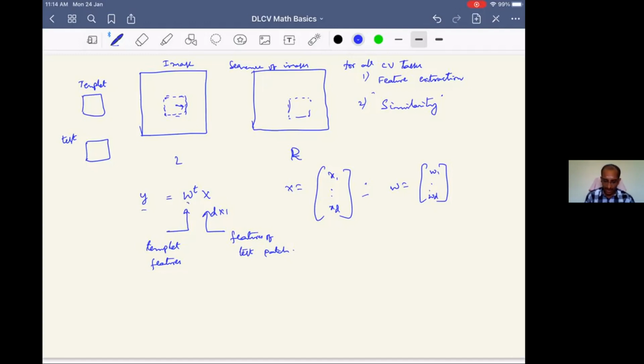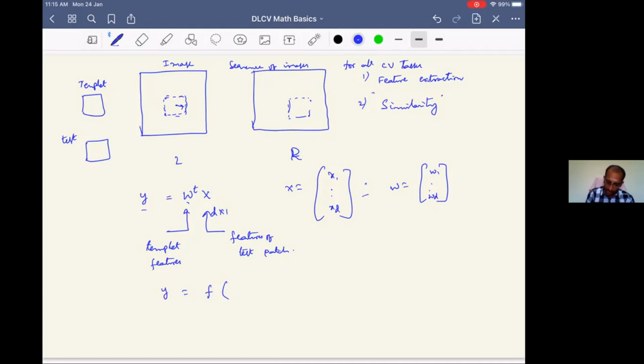In some scenarios, in addition to this Y, I may use a nonlinear function to scale W transpose X, which is on the real scale, to between 0 and 1. This F is a function which will scale the score. I may give it a slightly different symbol, but it is just the other way of writing.